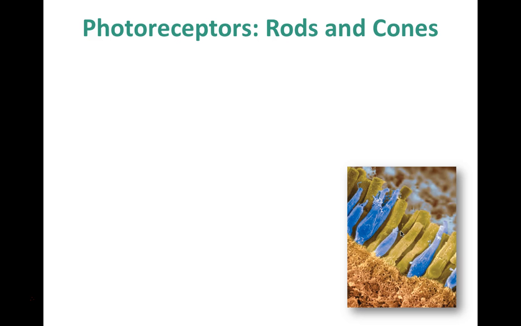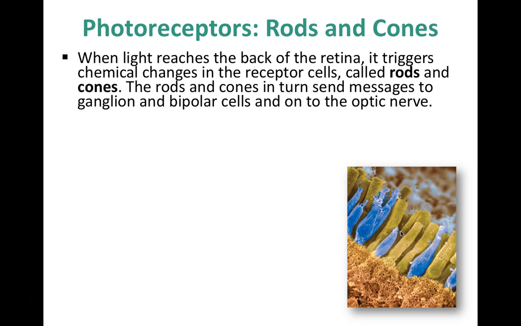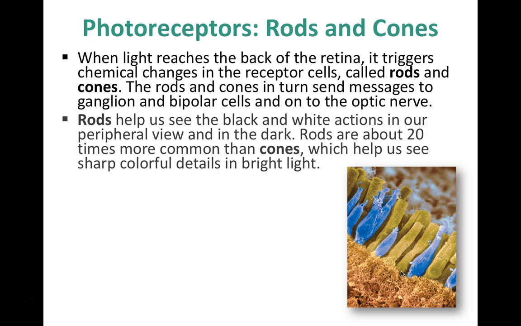So photoreceptors, these rods and cones. When light reaches the back of the retina, it triggers chemical changes in the receptor cells, as we've seen, called rods and cones. Then they send messages to the ganglia and bipolar cells and on to the optic nerve. Now, rods help us see the black and white actions in our peripheral view and in the dark.